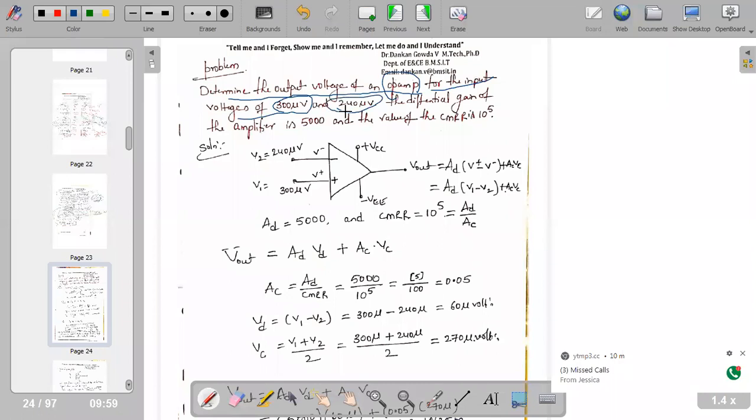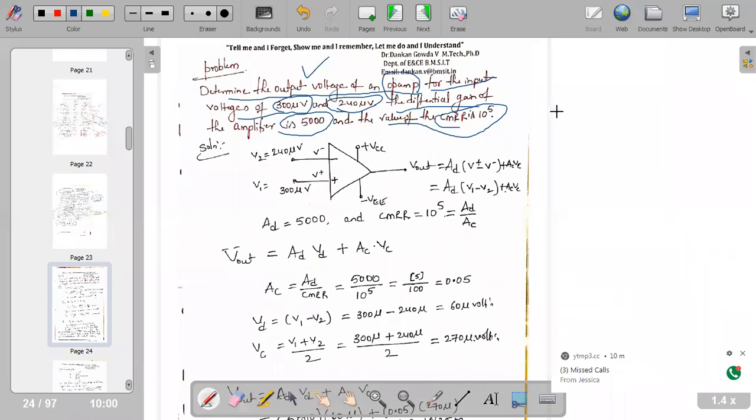Observe that two voltages, V1 and V2, are given. We need to find its output voltage. The differential gain of the amplifier is 500, and the value of CMRR is given, it is 10 power 5.